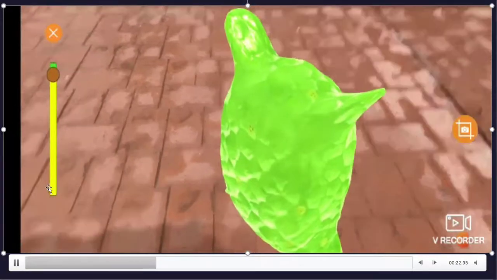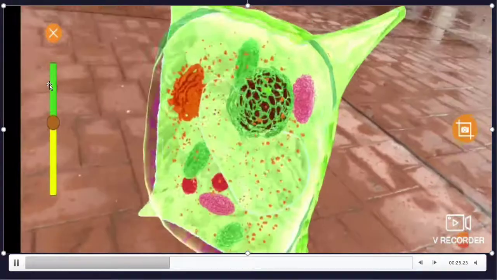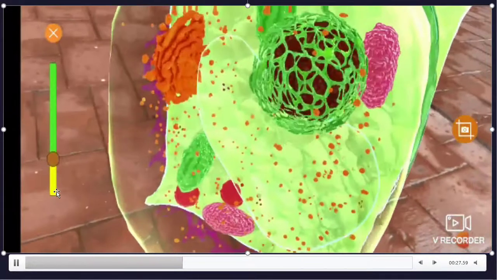We can see inside the cell by dragging this line like this.